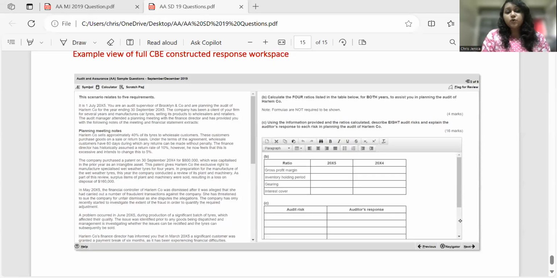Now, first, I'll explain. See, this is the view of your CB constructed response workspace. Normally if it's an MCQ, you will have the scenario on the left side, and on the right side you'll have the questions displayed.